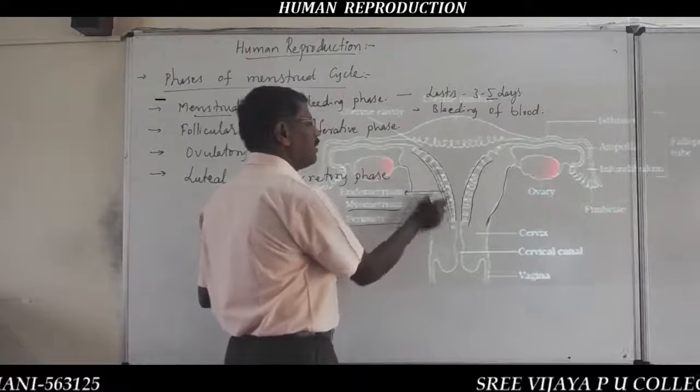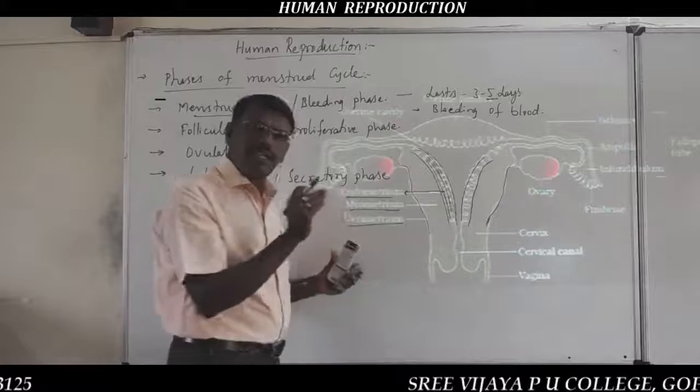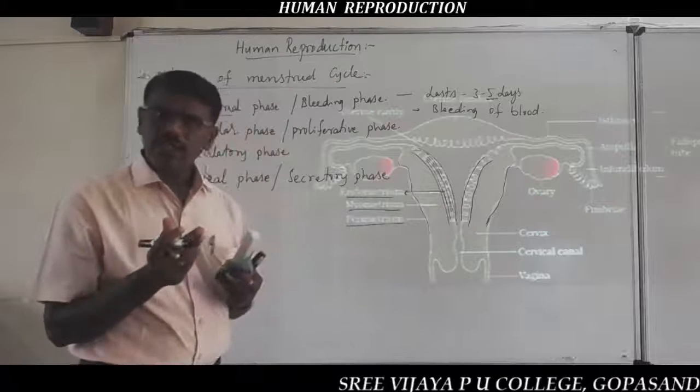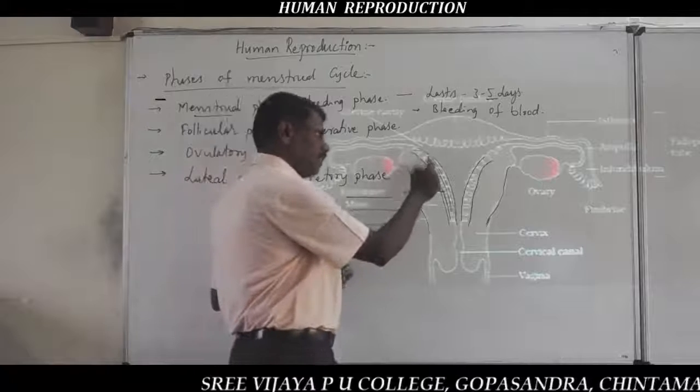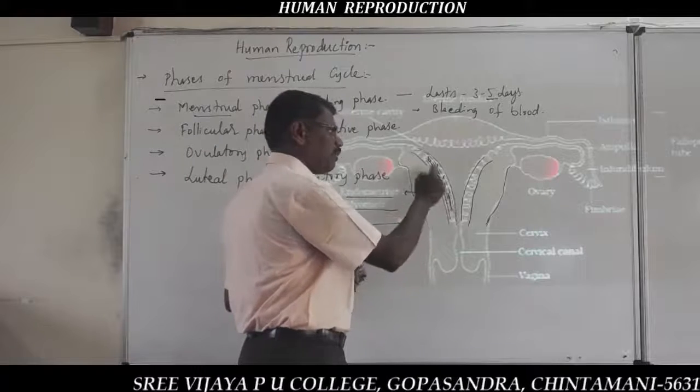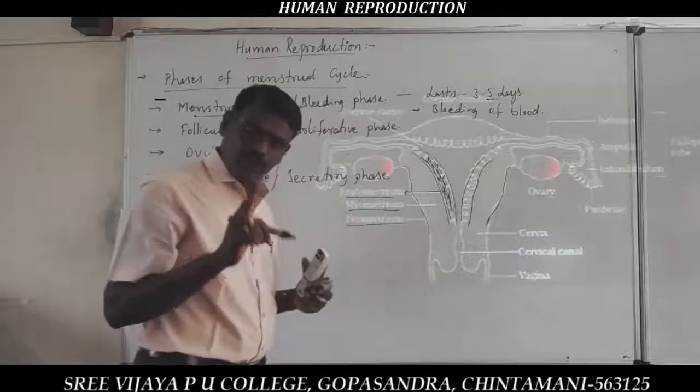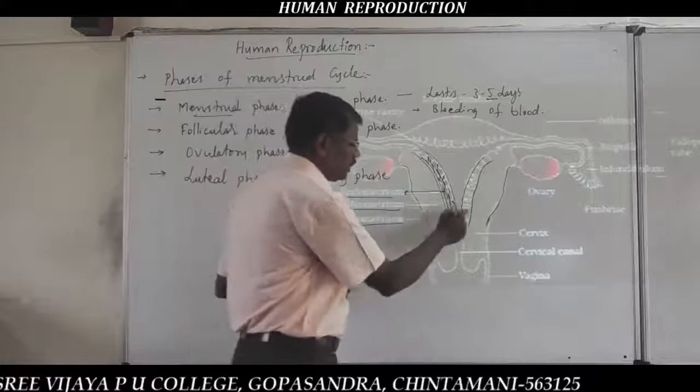This endometrium layer, the inner layer of the uterine wall, is completely converted into a red colored fluid, because the blood vessels present in the endometrium are shutting down.